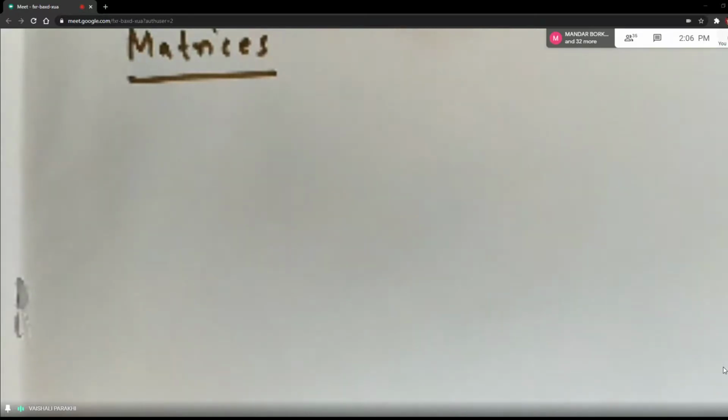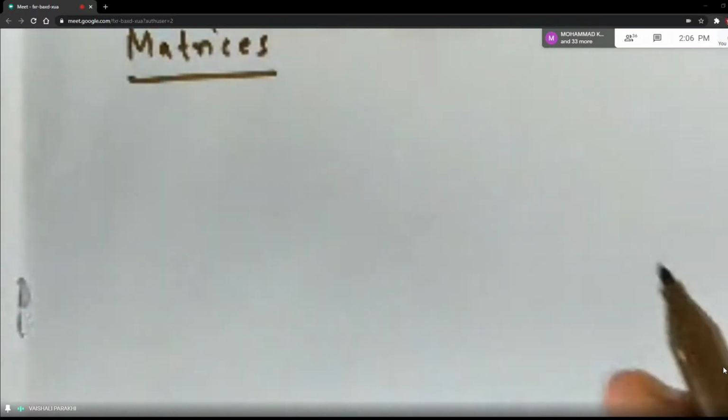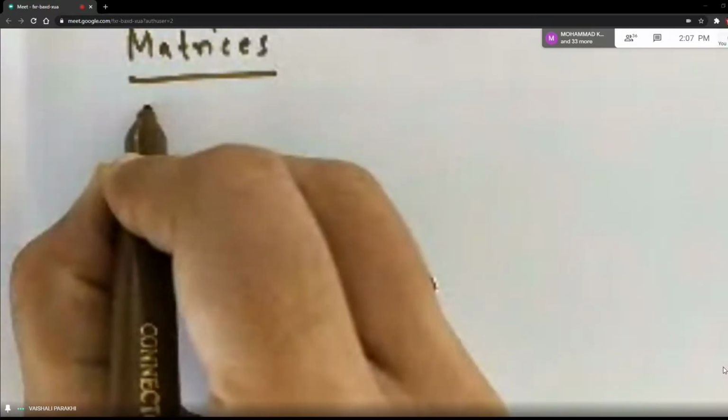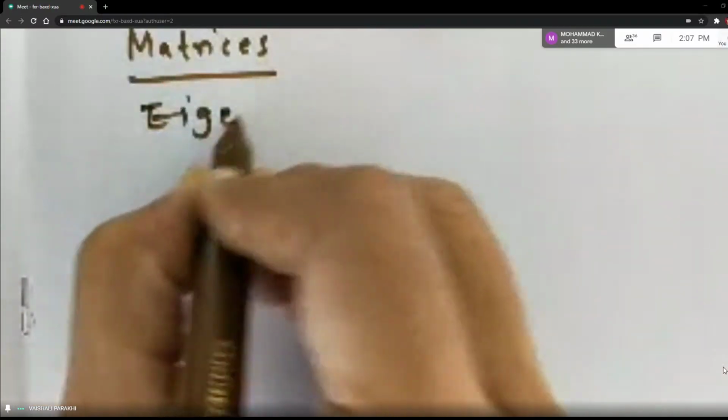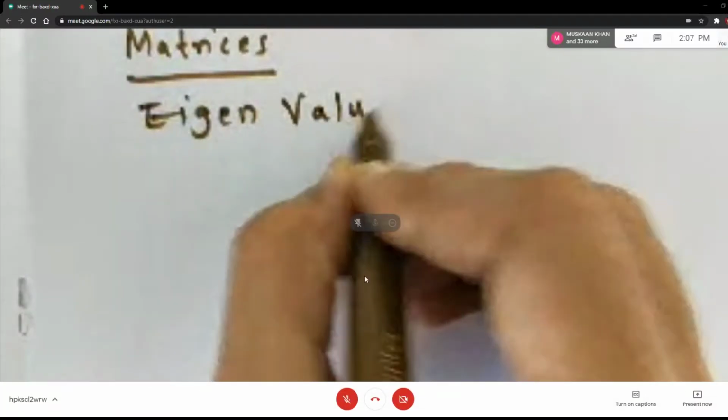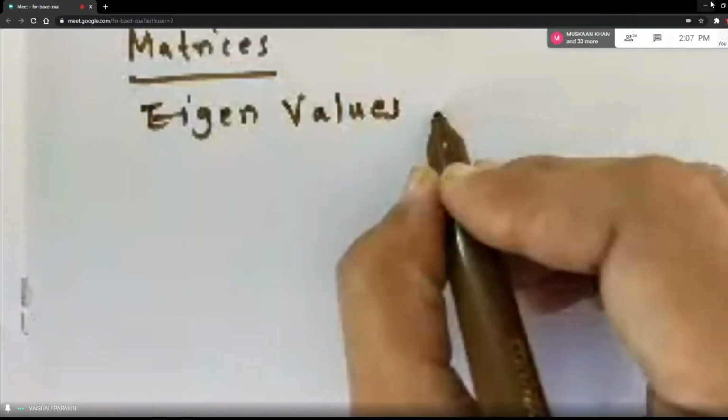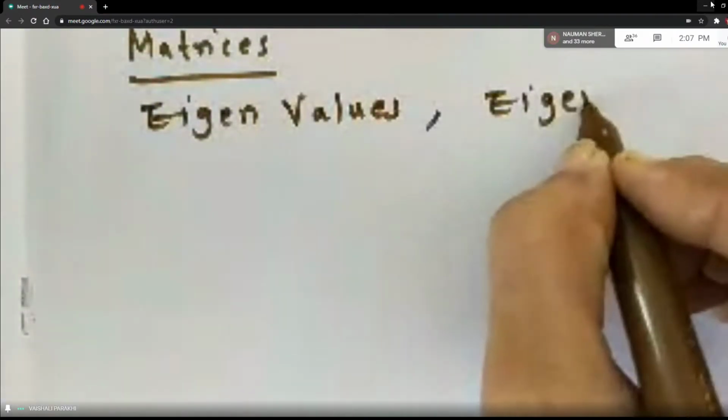Now at the end of the class I will discuss the last problem from last class. Okay. So today I am going to teach you something new. It is called eigenvalues and eigenvectors.